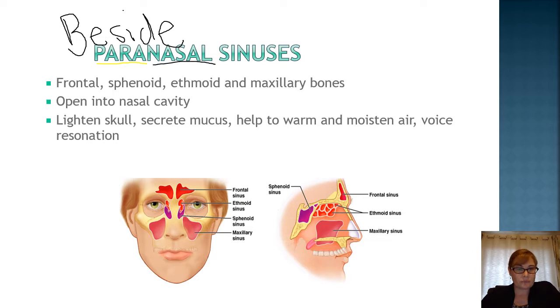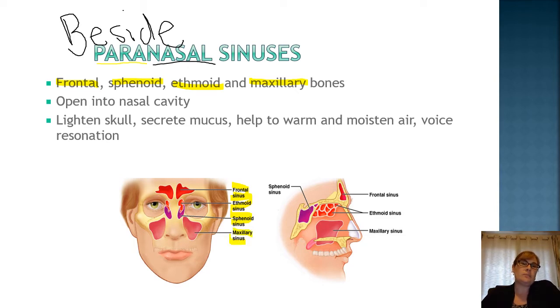And so looking at all of this, you can see the names: frontal, sphenoid, ethmoid, maxillary. Frontal refers to the sinus in the frontal bone. Sphenoid and ethmoid are the ones where you squeeze the bridge of your nose when you feel like you have sinus pressure. That's those guys. And then maxillary is right at the maxilla.